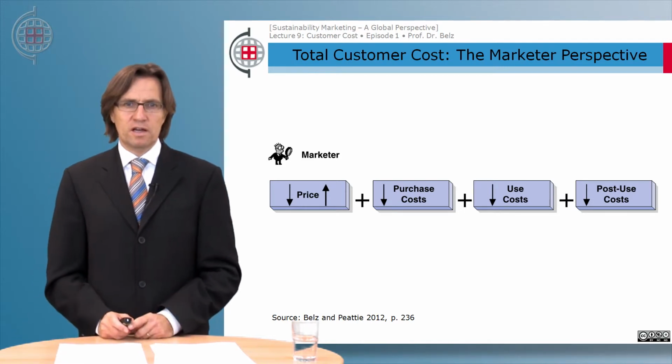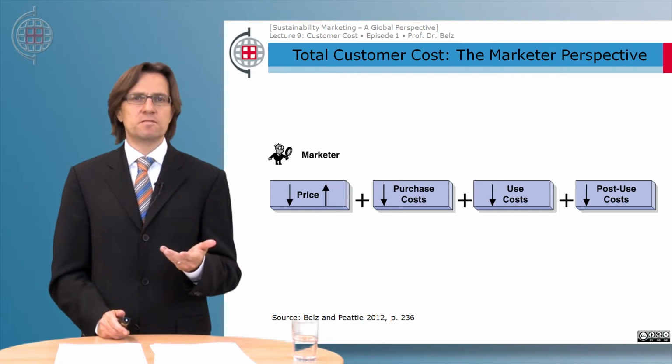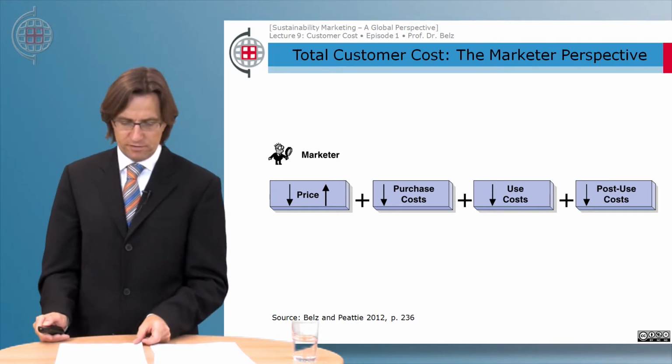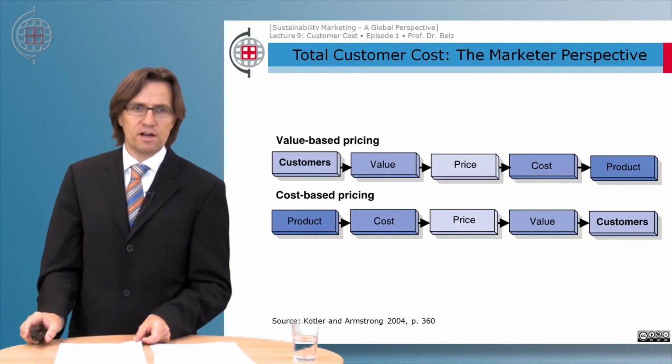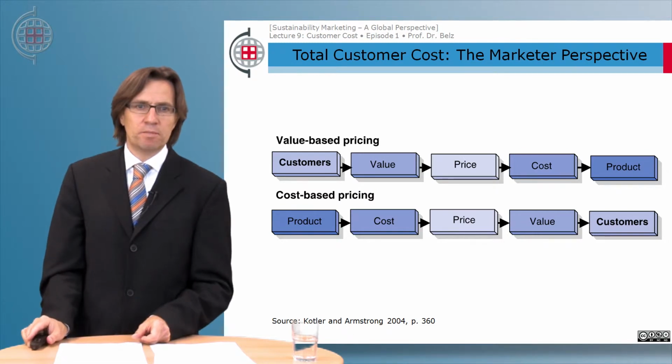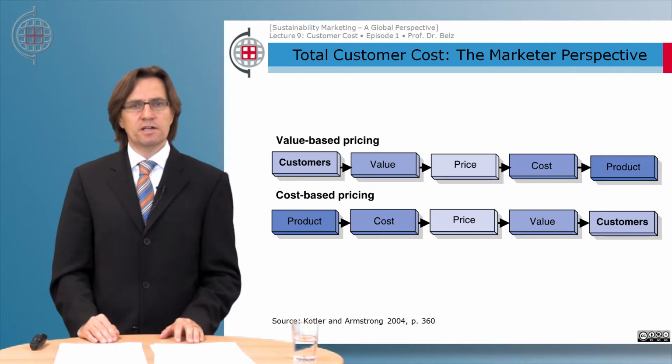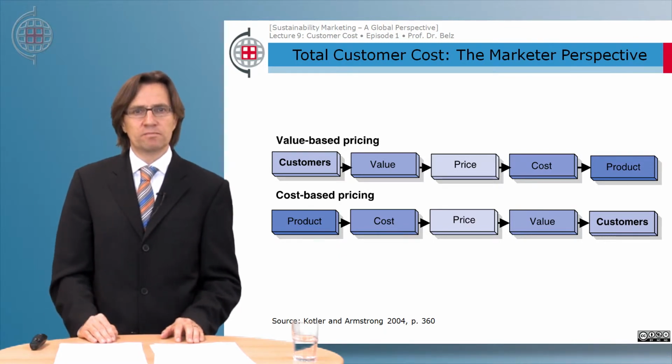Let's have a look at the different elements and how sustainability marketers can implement this task of reducing total customer cost. Let's start with the price. Basically, according to Kotler and Armstrong, there are two possibilities of pricing: value-based pricing and cost-based pricing.